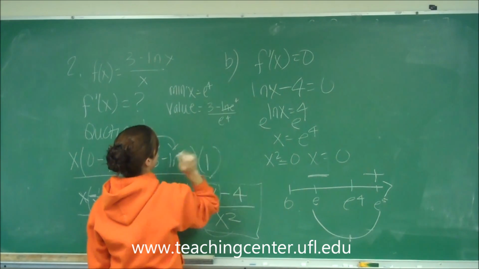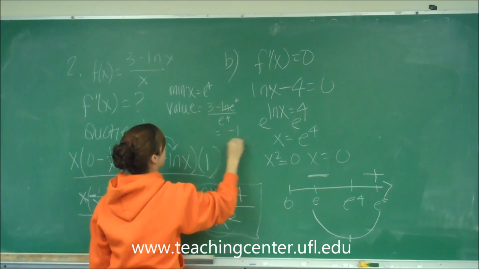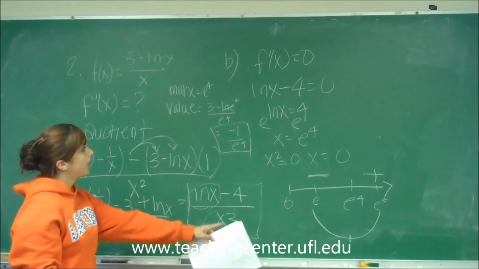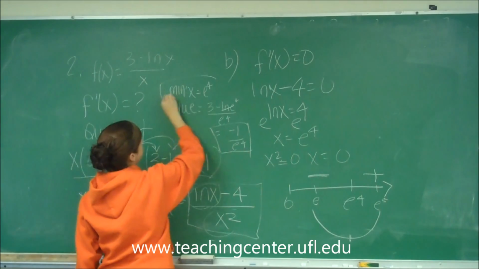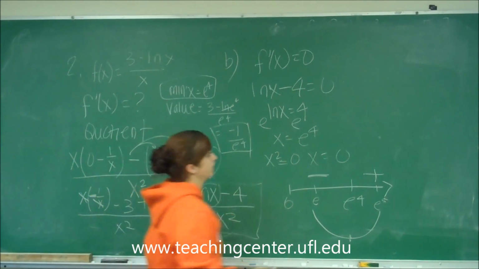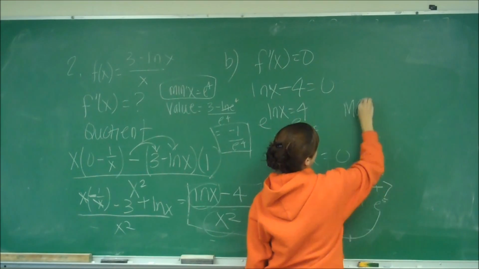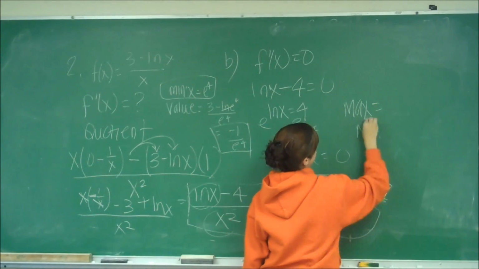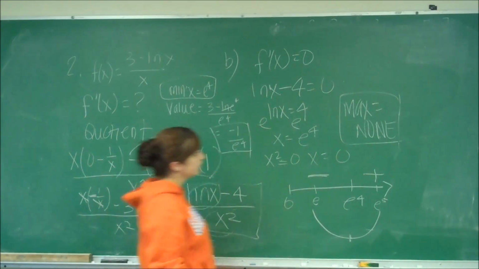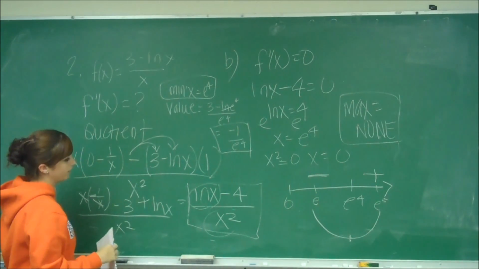So 3 minus 4 is negative 1, so we have negative 1 over e to the 4th. And then as you can see from our number line, there is no max. So max equals none.